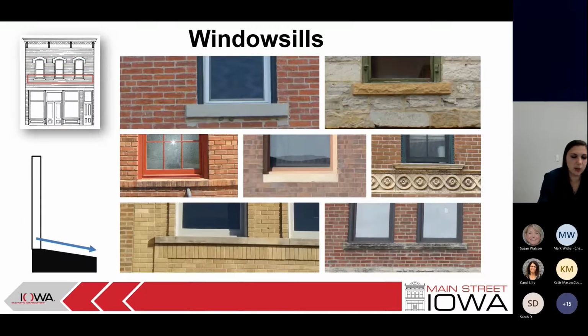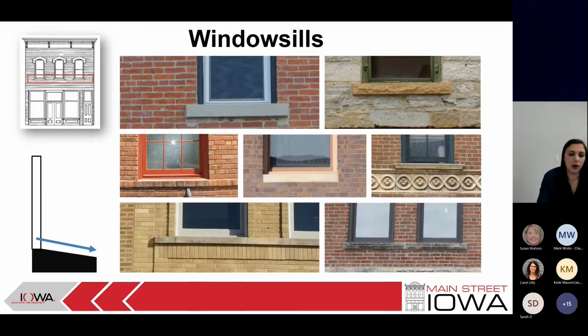And windowsills. So most of you are probably familiar with this term, but often we're thinking about a windowsill because we're thinking of setting something down on the windowsill on the interior side of the building. Windowsills on the exterior are still called windowsills, but instead of being covered in wood, as is common on the interior, most are made of stone, concrete, or brick. And exterior windowsills, it's really important to remember that they should always slope downwards away from the window itself.